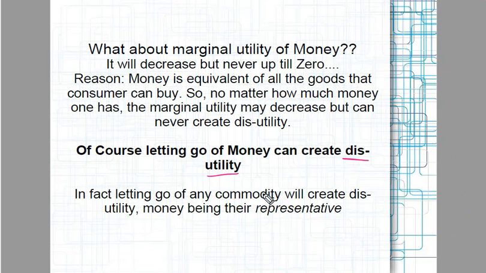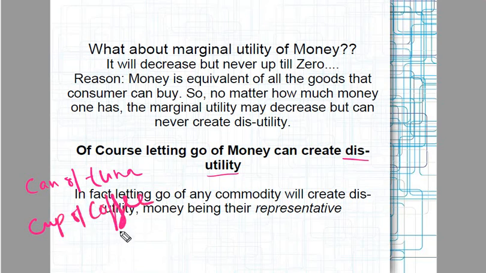So then why do people give up money? After all, giving up money is going to create disutility. But if you give up money for something, say you want to buy a can of tuna or a cup of coffee, you want to get some kind of satisfaction from consuming coffee.